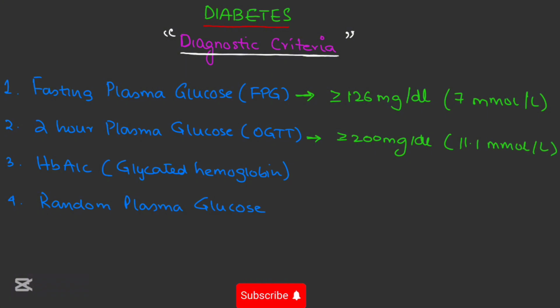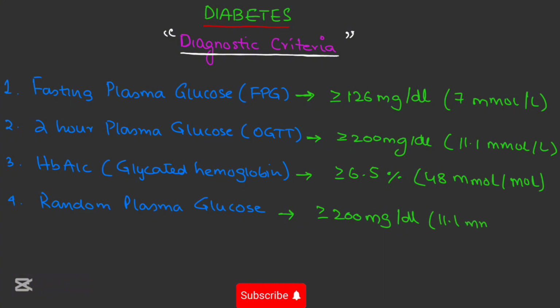For hemoglobin A1c or glycated hemoglobin, the value should be 6.5% or more, or 48 millimole per mole. And lastly, for the random plasma glucose, the value should be 200 mg per dl or more, or 11.1 millimole per liter. But in the presence of classic symptoms of hyperglycemia like excessive thirst, frequent urination, or weight loss.